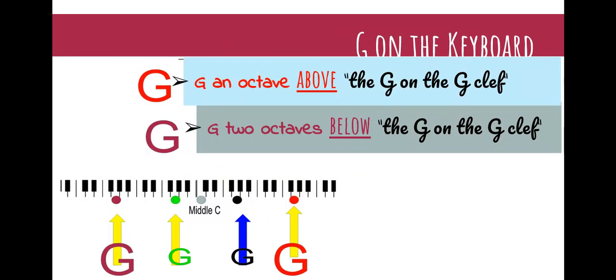Now, here I've got the piano keyboard photo on the video, and I've just talked about the green, and here I'm talking about the note coloured in red being an octave above the G from the G clef, and then the note coloured purple being 2 octaves below the G from the G clef.